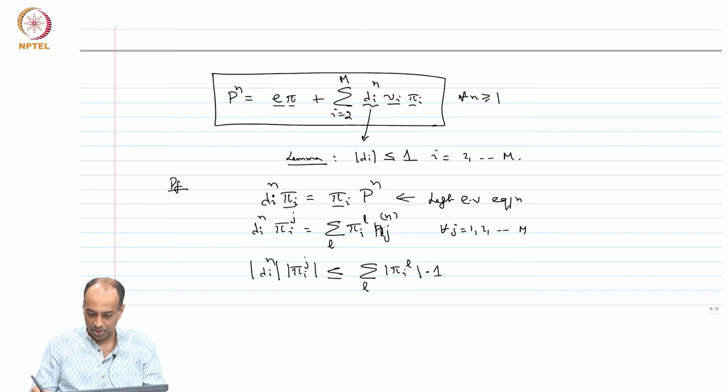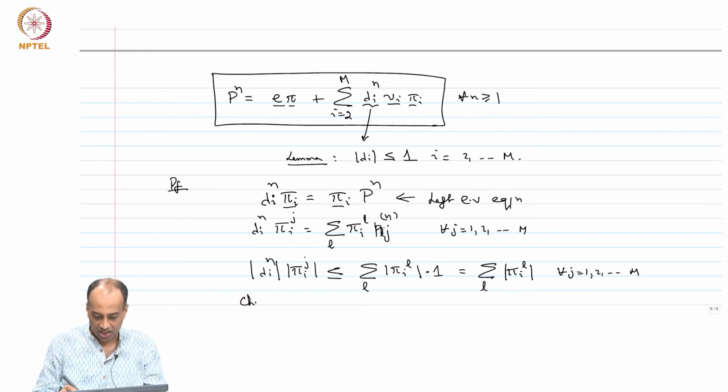So, I can upper bound that by 1. So, this just turns out to be the sum over l of the absolute value of pi i l. This is true for all j equals 1 to m. Now, you choose j; the above equation is true for all j.